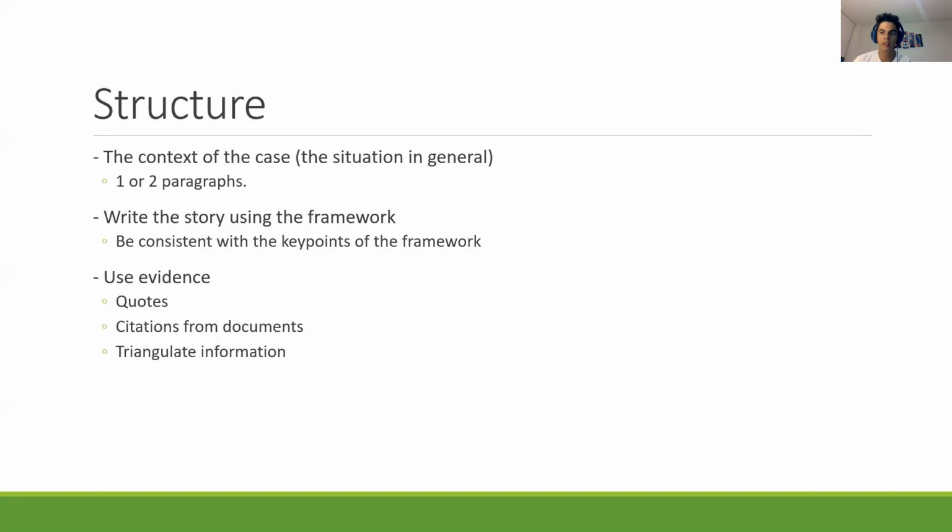You have to write the story using the same structure as the framework. Like you can start the introduction in one paragraph or maximum two about the context. I think you are using two companies, right? So maybe you can write two paragraphs about the context of these two companies, or maybe one about the two companies and one more about the COVID situation, because that's relevant for you. So one or two paragraphs maximum about the context.